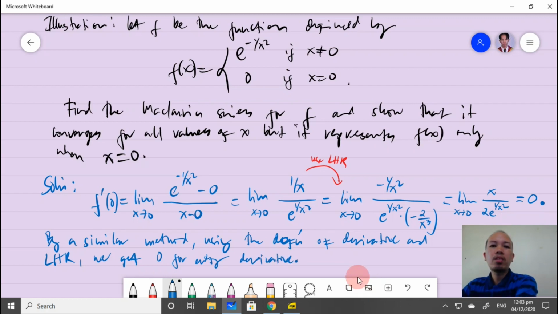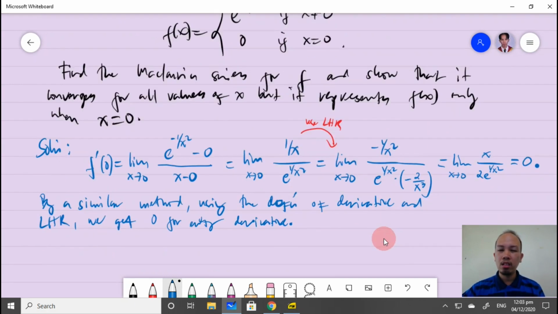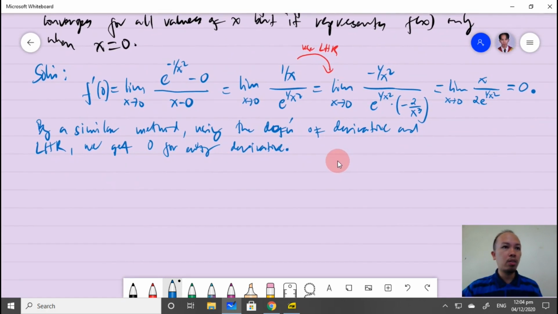So anyway, just compute and see if you evaluate the function as x approaches a, but in this case our a is 0 since we are going to find the Maclaurin series. So what happened here is the nth derivative is always equal to 0 for all n.